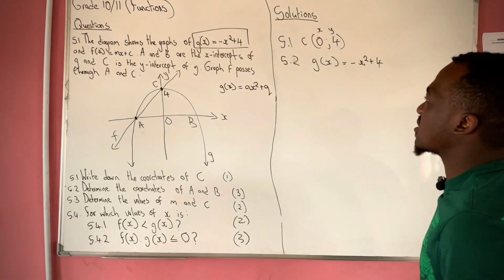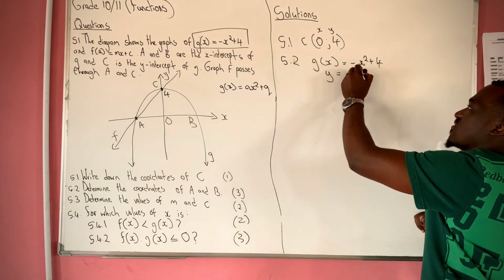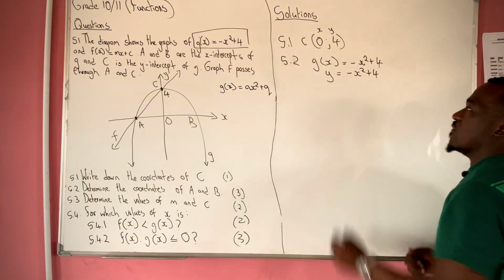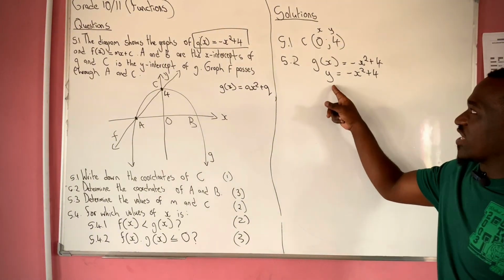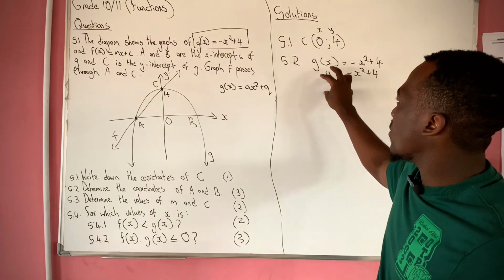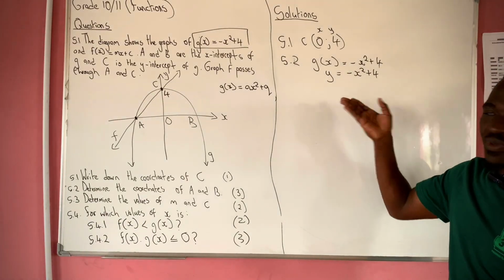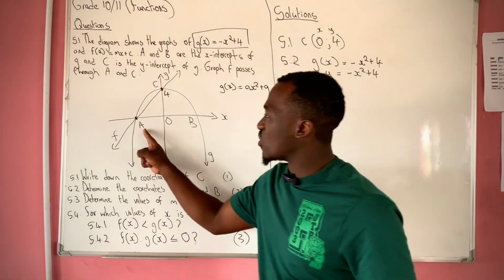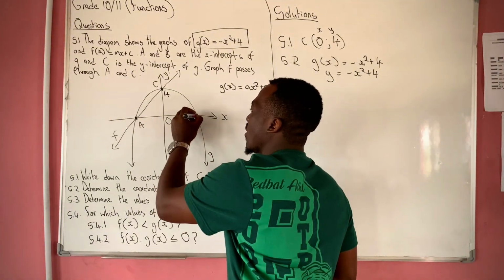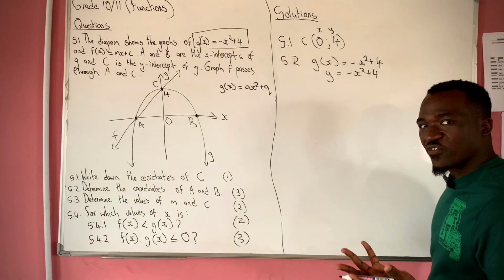Now, g of x stands for y equals negative x squared plus 4. We need to let y be 0, simply because the coordinates of A and B are on the x-axis. So we're looking for the x-intercept.